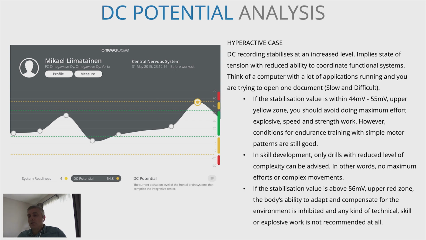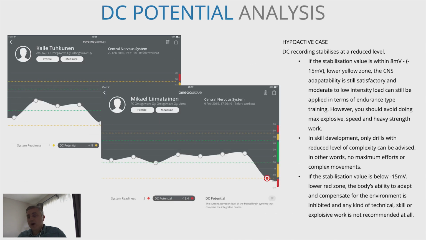So that's from a hyperactive state. Hypoactive state, on the other hand, might create different limitations. For example, if hyperactive state creates limitations in technical application from the standpoint of psychological state and ability to control the movement, the hypoactive state will limit optimal biomechanical movement from the standpoint of inability to recruit highest threshold muscle fibers.